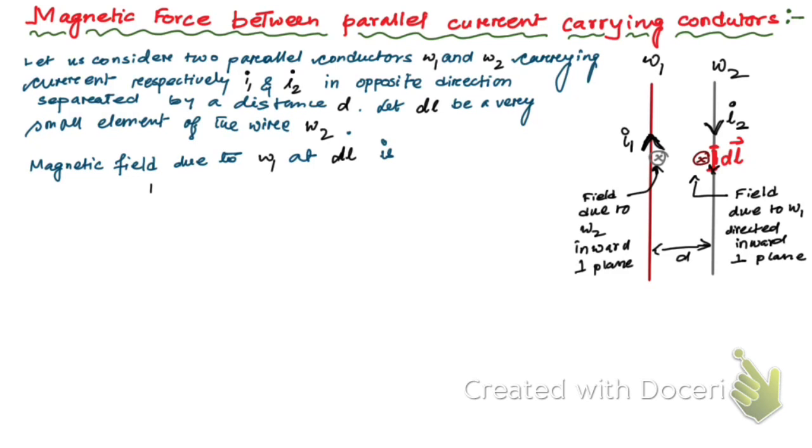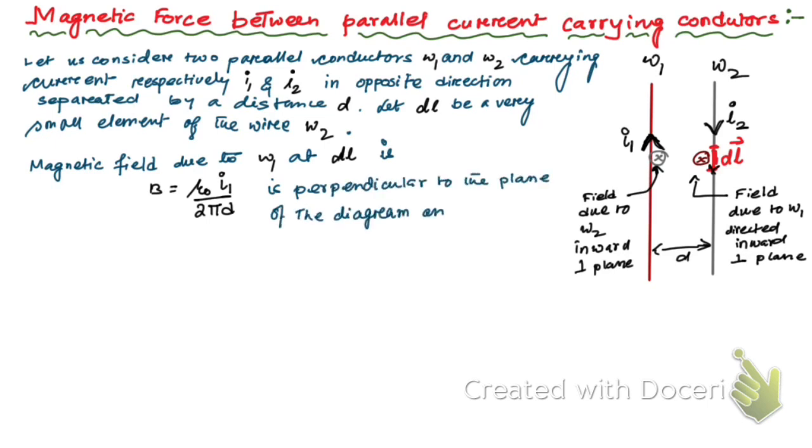The magnetic field due to a wire carrying current I1 is given by this, which is known to us, and it is perpendicular to the plane of the diagram and directed inward, right?